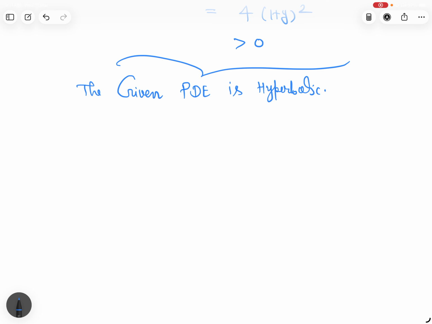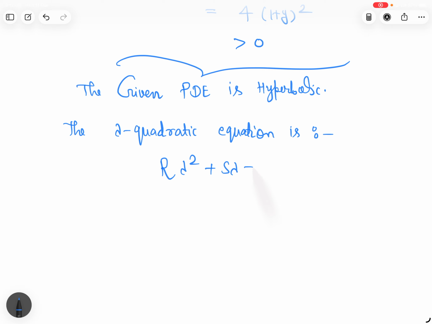Now tell me how to find the lambda quadratic equation. What is the lambda quadratic equation here? We know the lambda quadratic equation is given by r lambda square plus s lambda plus t equals 0. What is r here? R is 1 here. S is 0 here, and t is minus 1 plus y square, equal to 0.